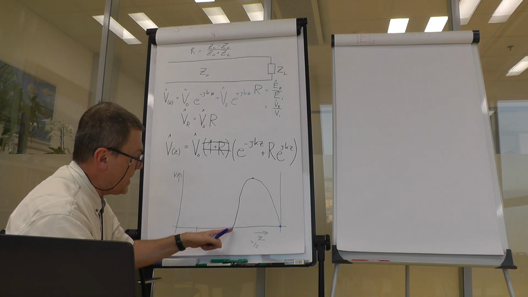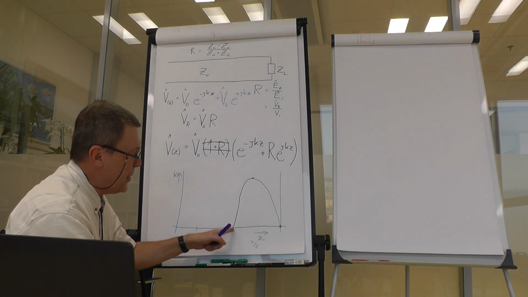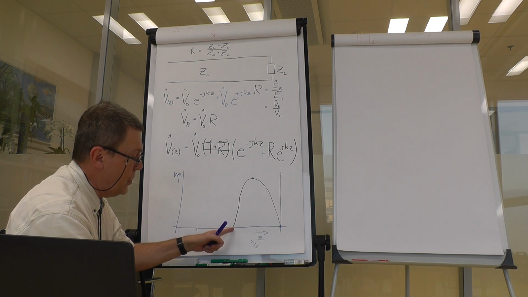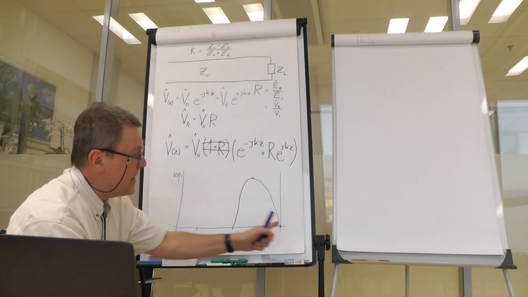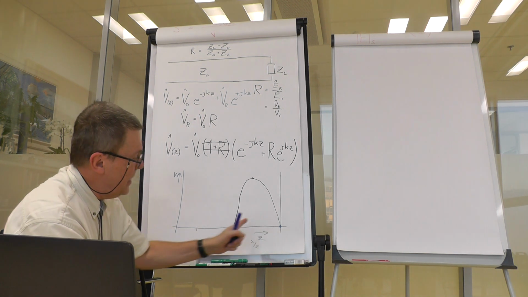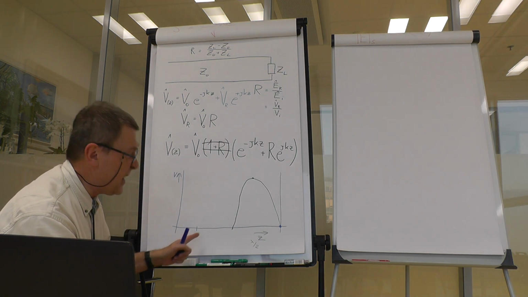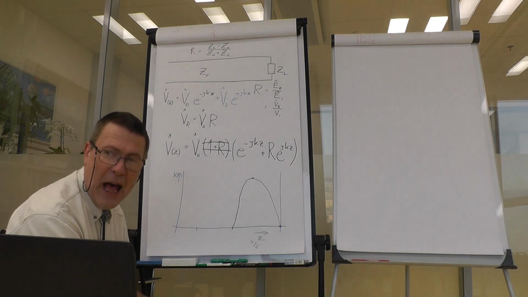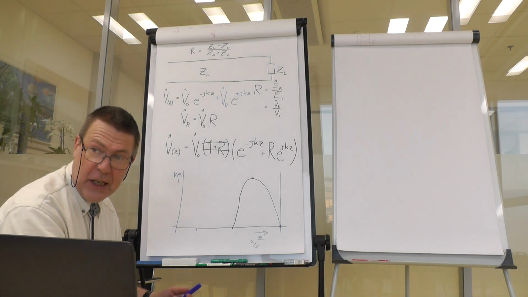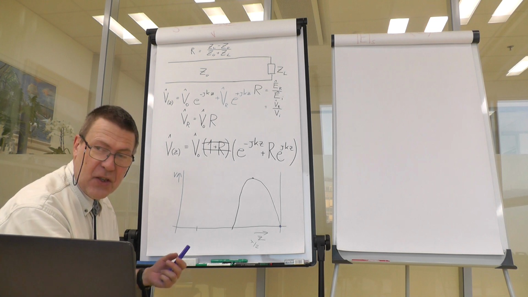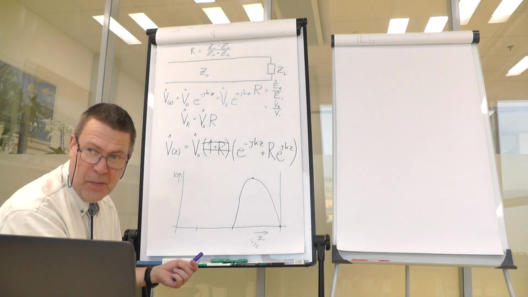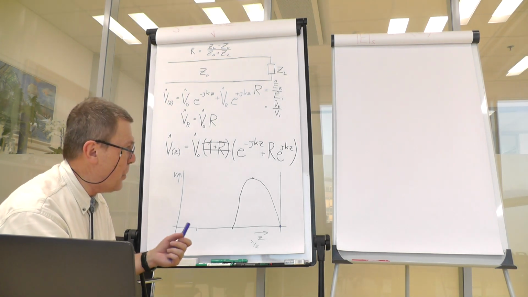Now we will have a set of locations at which those two waves would be antiphase. First the end, then half wavelength from that, and it repeats each half wavelength. And at those locations, those two antiphase waves would cancel each other. And this is called a standing wave. A standing wave.